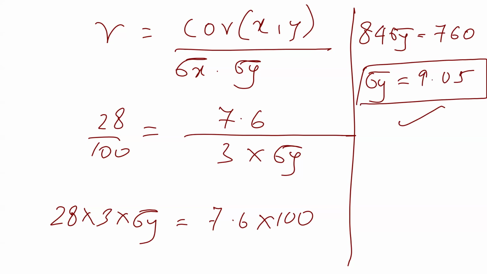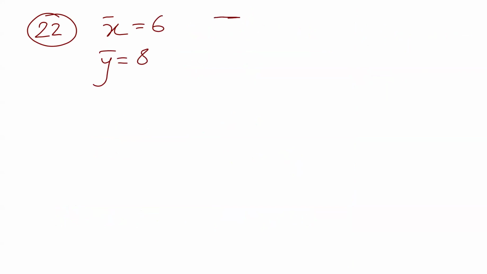Let's go to question number 22. Fine. So x bar is equal to 6, y bar is equal to 8. That's given in the problem, mean of x and y. Standard deviation of x is equal to 4. Standard deviation of y is equal to 12. Again, this piece of information is given in the problem. R is equal to 2 by 3.